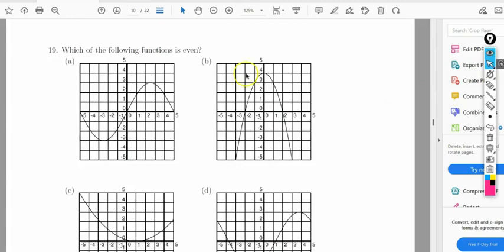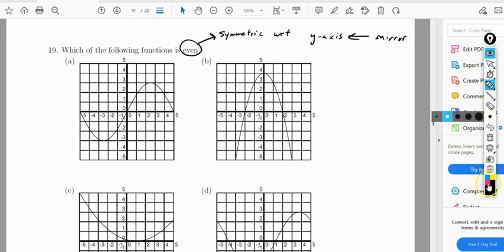All right, now what does it mean for a graph to be even? A graph is even if it is symmetric with respect to the y-axis. So the y-axis acts like a mirror. You can start on either side, it doesn't matter.